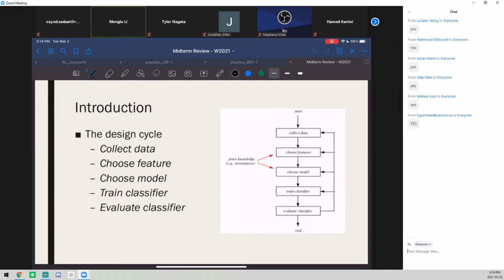These two selections heavily affect the training result. The last step, the evaluation step, is used to evaluate the feature and the model we chose.